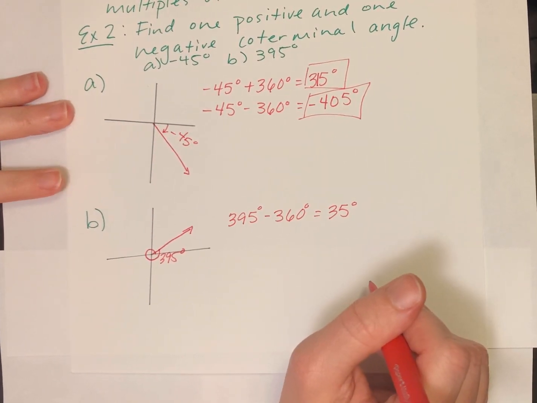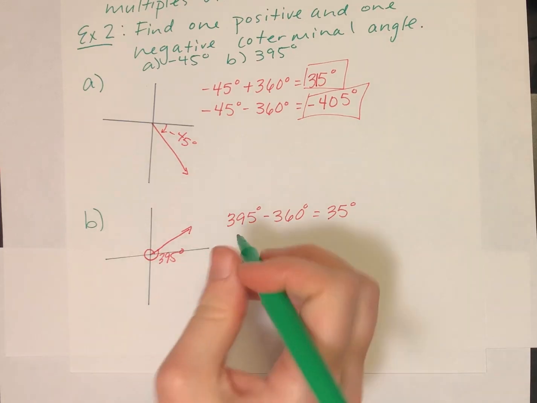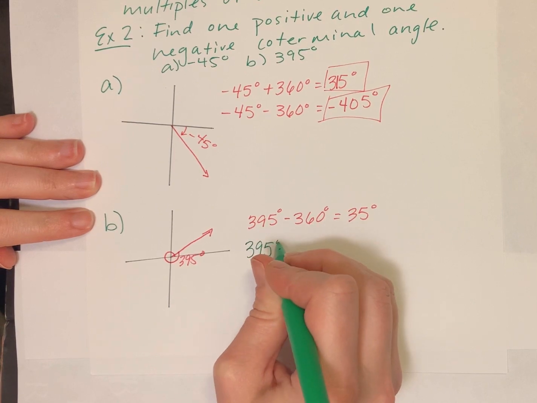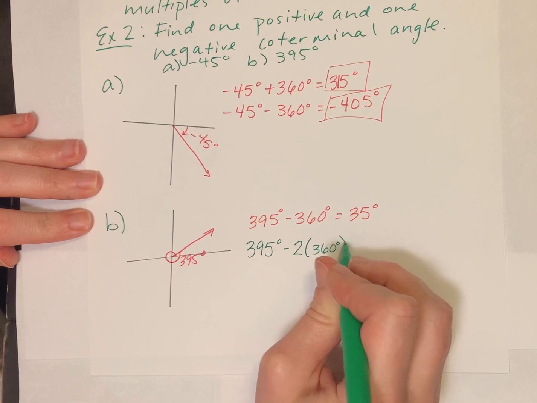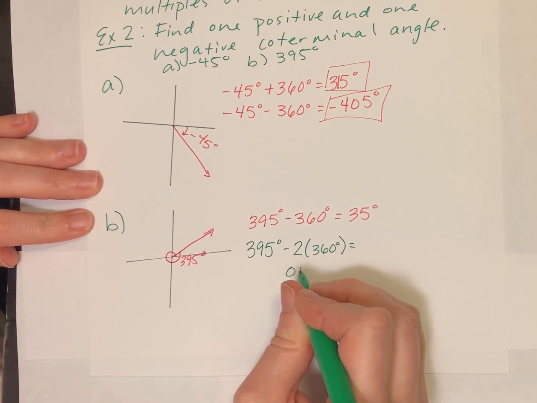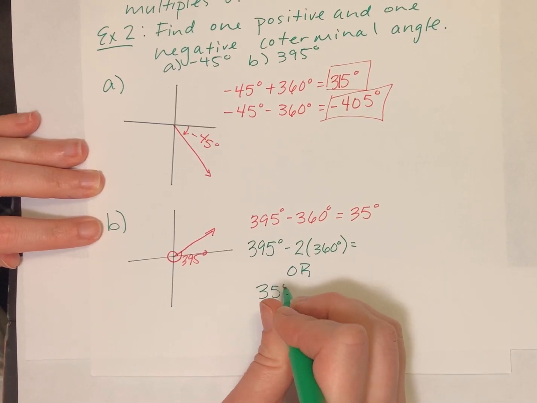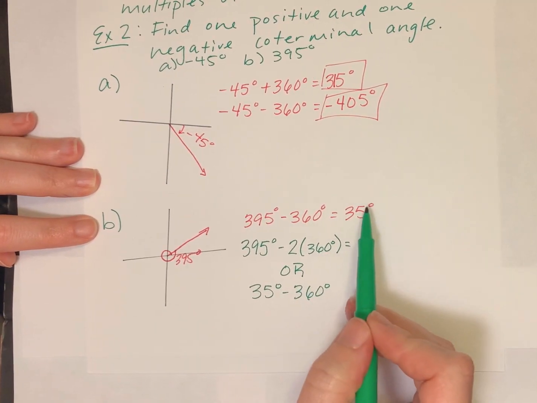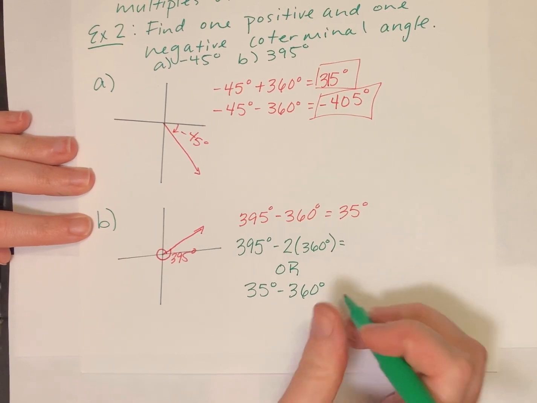Okay, there are two ways that we can think about how to find the negative coterminal angle. The first way would be to say 395 degrees minus 2 times 360 degrees. Or we could just think of it as 35 degrees minus 360 degrees, since we already know that 35 degrees is coterminal with 395.